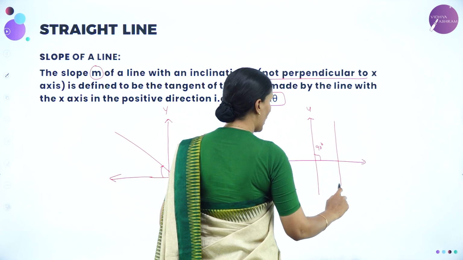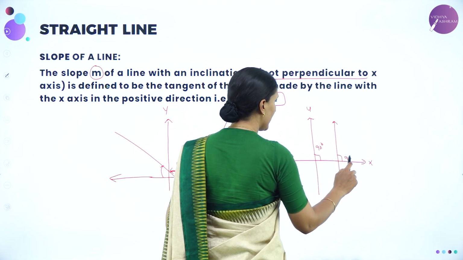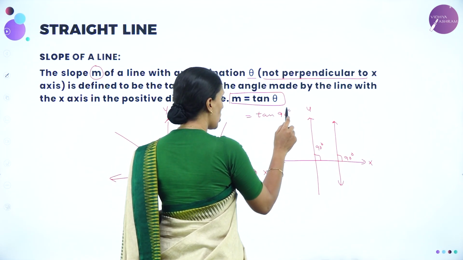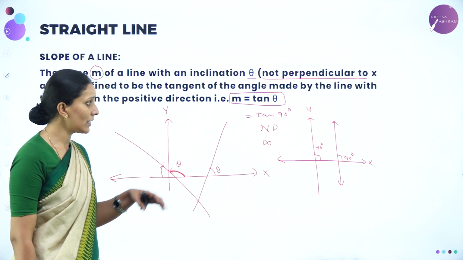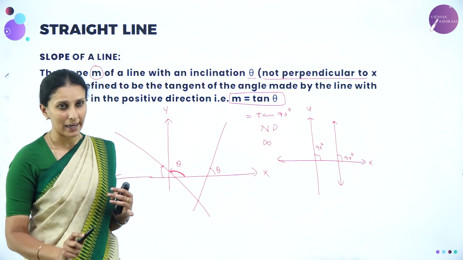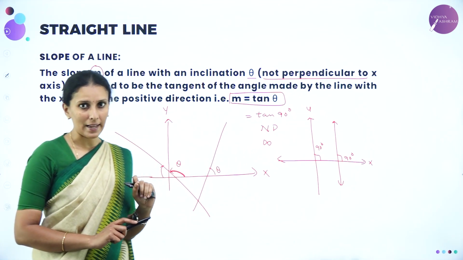Let me take one more line. What is the angle between the line and the x-axis? It is again 90 degrees. Since tan 90 degrees is not defined, or we call it an infinite value, we define the slope only for non-perpendicular lines. That's why here theta is not perpendicular to the x-axis.